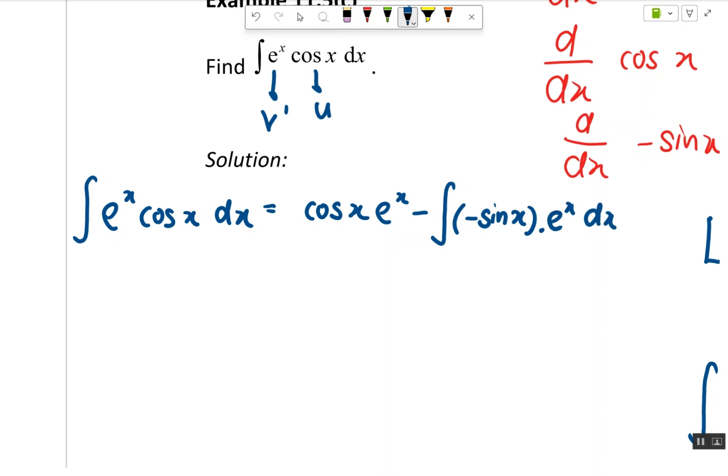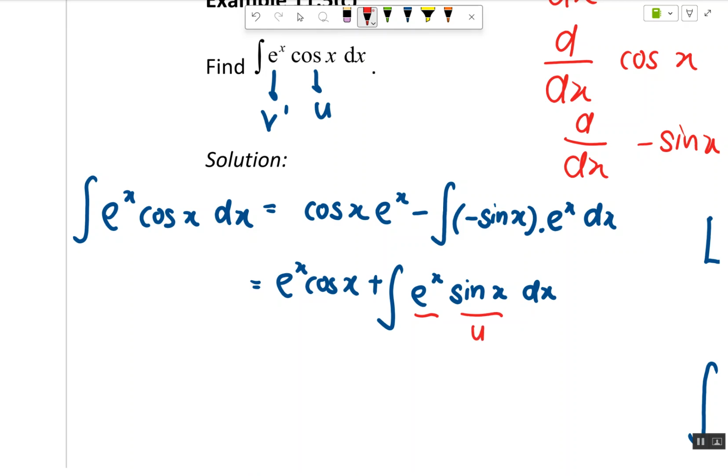So I'm just going to get e power x cosine x plus the integral of e power x sine x dx. I look at it, it is still a product, so I'm going to choose sine x as my u, e power x as my v prime.